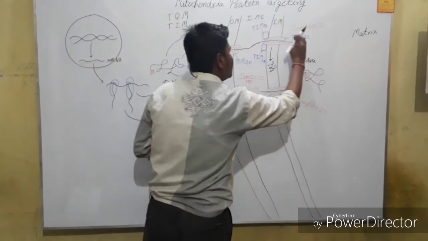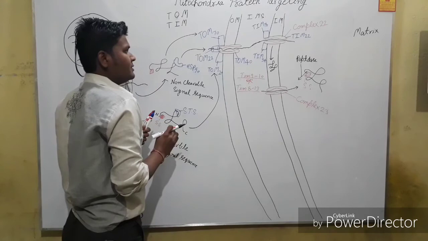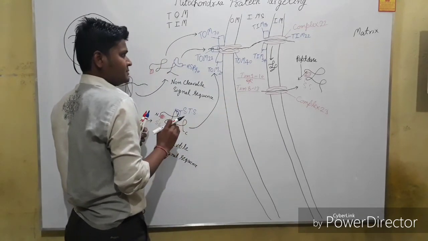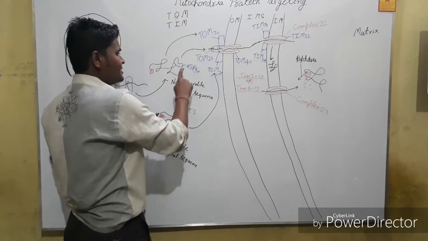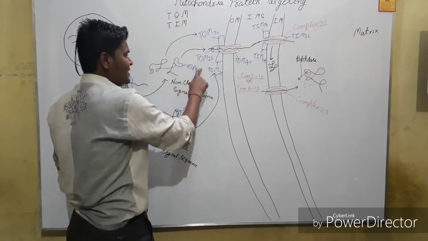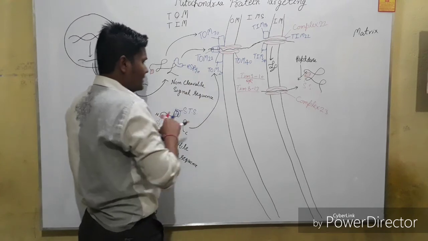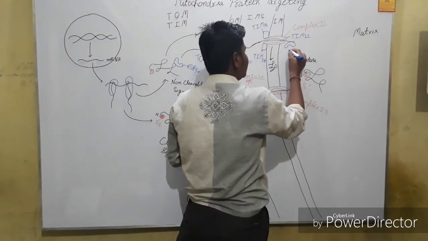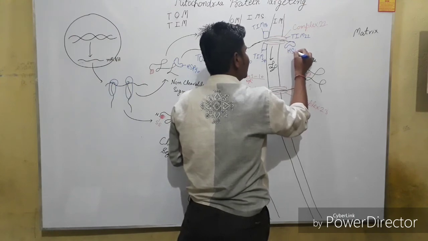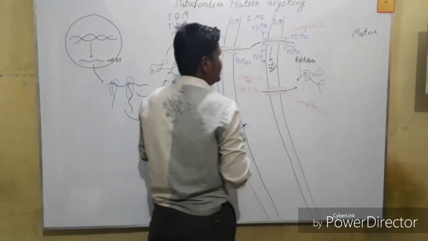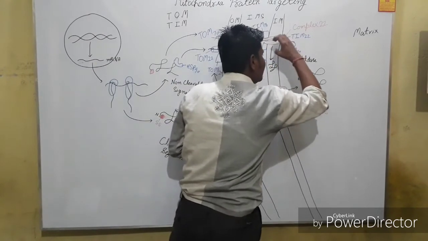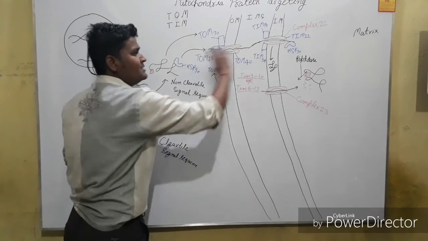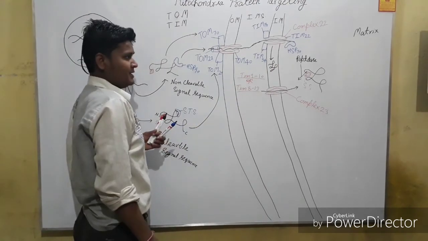This pulling of protein occurs with the help of cytosolic HSP70, and here one chaperone is also present, also known as HSP70, which helps in pulling this matrix protein inside the matrix.